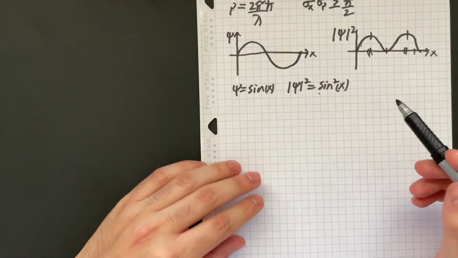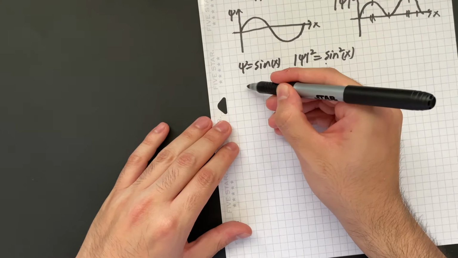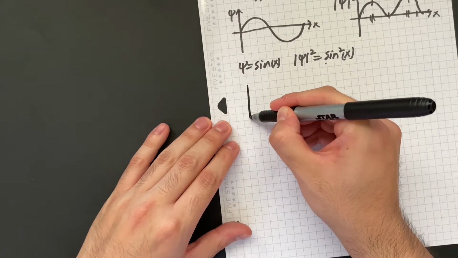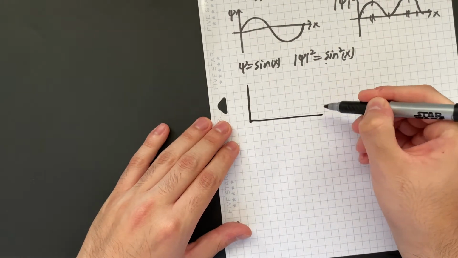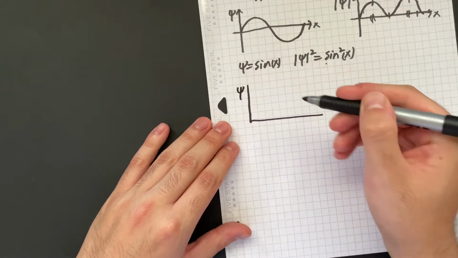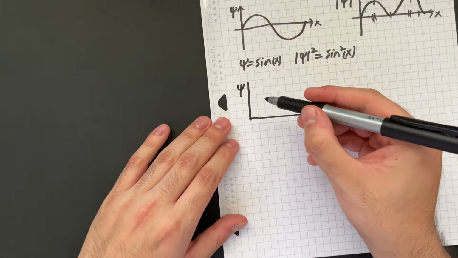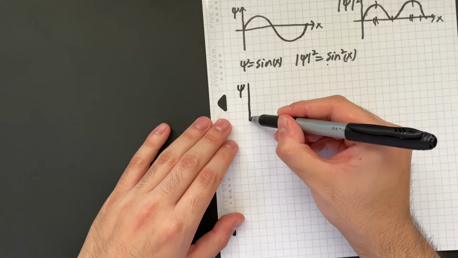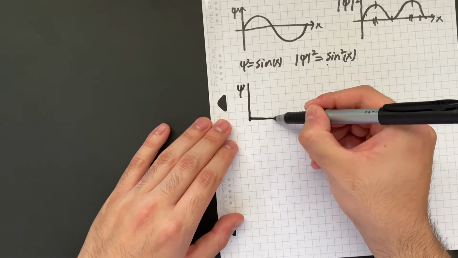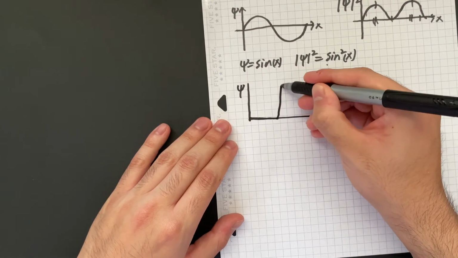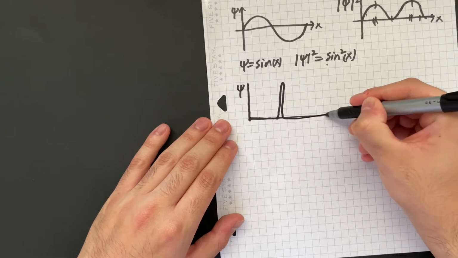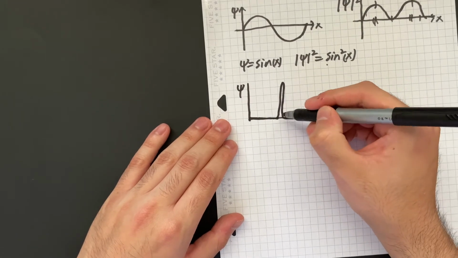Let me give another example real fast. Let's say we have another psi function, and this is going to be called a delta function. We'll learn more about this later, but it's basically 0 everywhere except for one spot. Imagine this is just one spot right here.